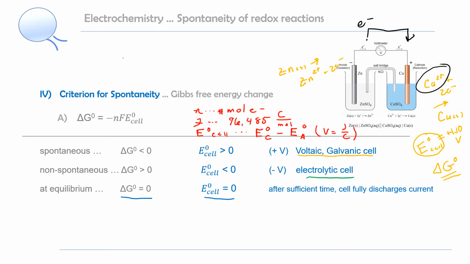At some point, you're going to reach a state of equilibrium, and the cell potential actually changes with time. When you initially connect everything, that is the initial cell potential, but because the concentrations of those species change over time, eventually that cell potential drops to 0 when we finally reach a state of equilibrium.